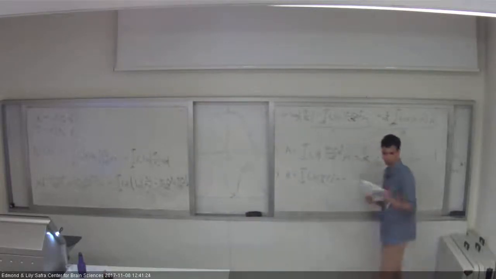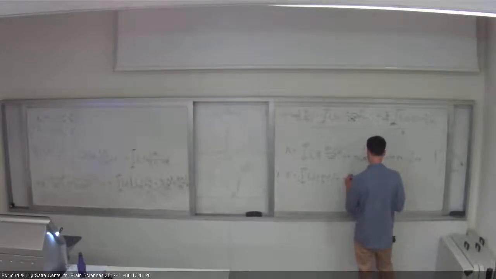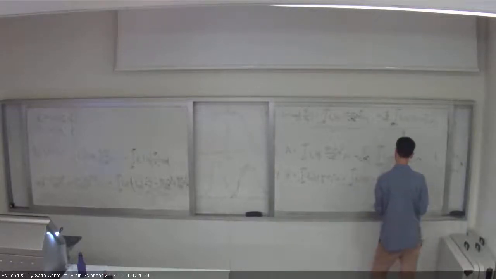We will add and subtract mu 0 in this term, and we will get that it's the integral of f0 (x minus mu 0 plus mu 0 minus mu 1) squared dx.